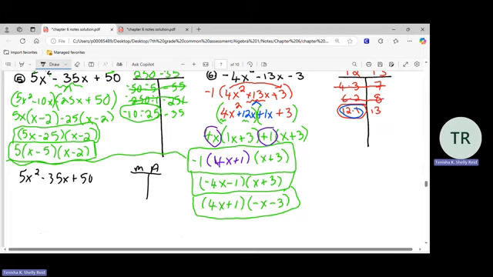If I look at this at first, maybe you can see that 5, 35, and 50, they have a common factor of 5. So if I took out this 5, then I would have x squared minus 7x plus 10. And this would be a little easier to work with.